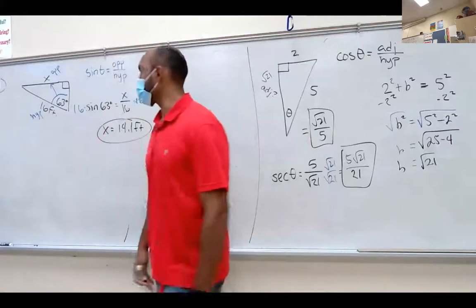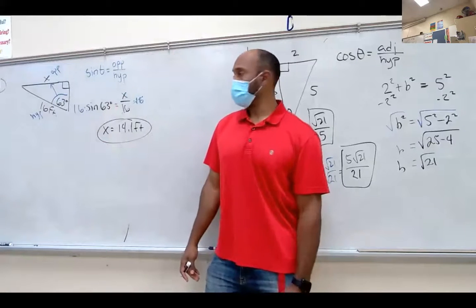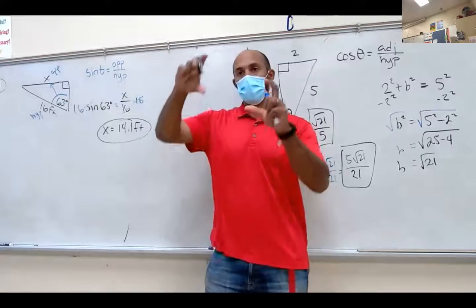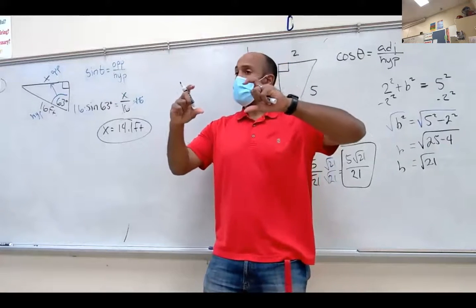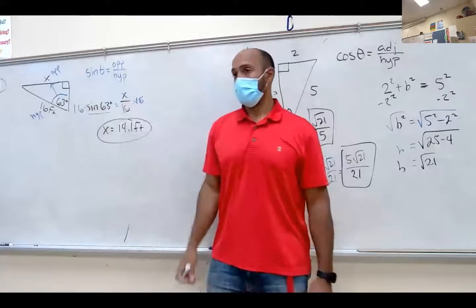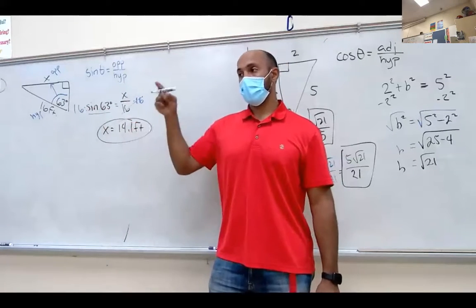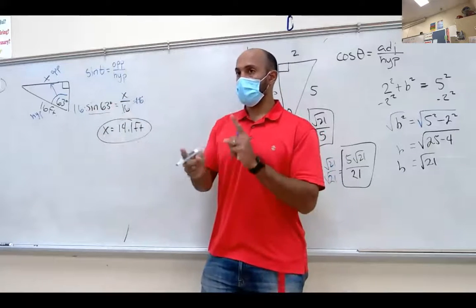I already have the answer ahead of time, but I would type that in using Desmos. Your phone also has sine, but you're going to have to flip it sideways to get the sine function. If you do this on your phone, you want to do the sine function first. Do sine of 63, and then hit times 16. Don't do 16 and then times sine. It's going to do it in the wrong order.